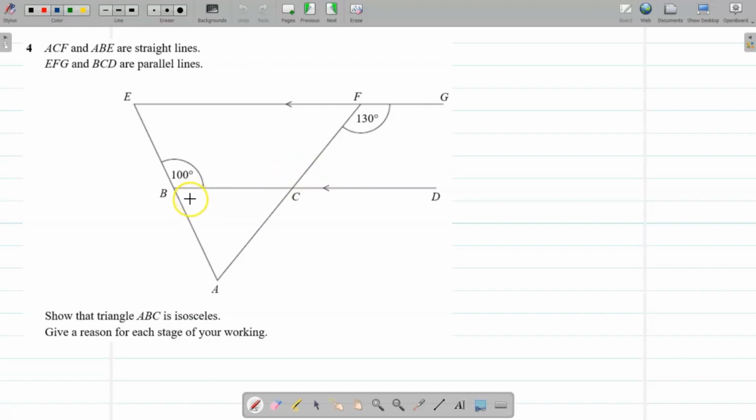I'm going to start by putting that this angle here is 80, and that's easy because it's simply the angles on a straight line. So I'm going to say that angle ABC equals 180 minus 100, which is equal to 80. And the reason is angles on a straight line.